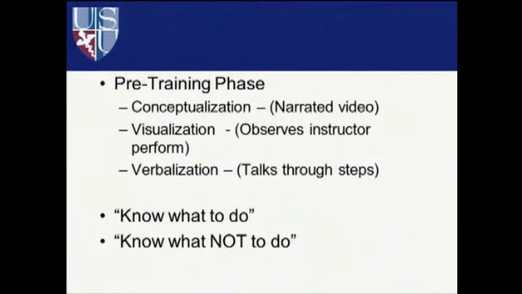So the pre-training phase, very important to have the trainee understand the task. And this is very important when you're training with abstract tasks like you find in FLS and FES, because they're not intuitive. They're not like residency in the operating room, but they are well deconstructed recreations of the core skill set. But it's important that they conceptualize what they are supposed to be doing with the task. They maybe watch an expert perform it.